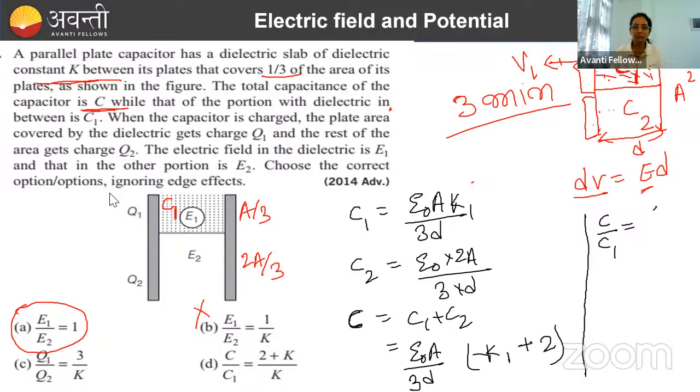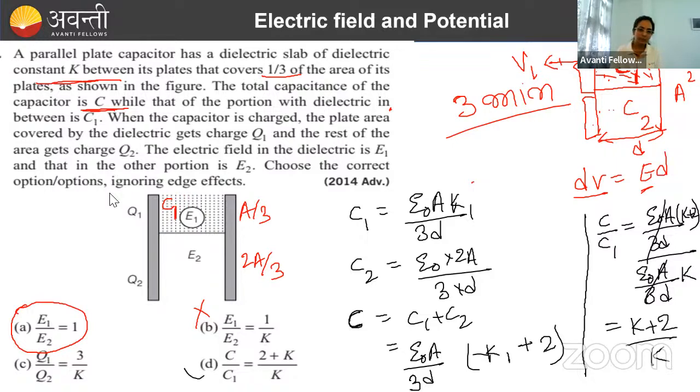So C by C1 we have to do, right? Epsilon naught A by 3D will get cancelled. And what are we going to get? K plus 2 by K. So D is correct.